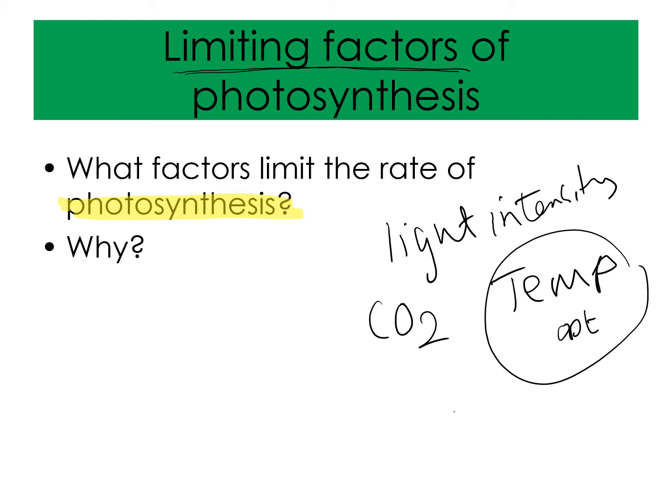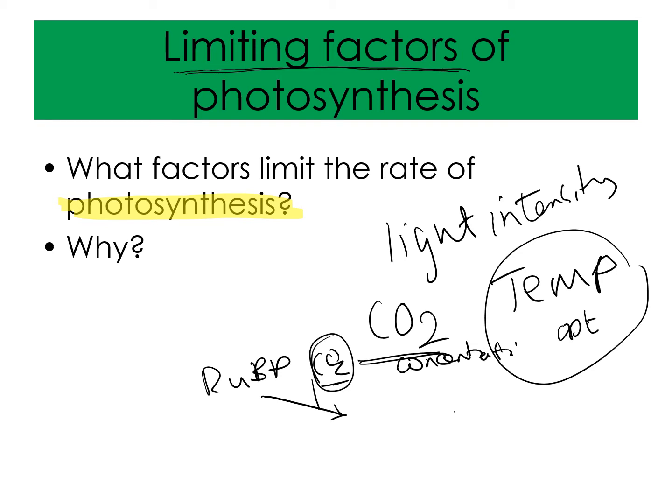Okay, right, so final one then is our substrate here. So again, in our reactions of Calvin cycle, RuBP reacts with carbon dioxide, so it's a substrate. If you've got a limited concentration of carbon dioxide, that would again limit the number of enzyme substrate complexes, because now it's a substrate concentration limiting the rate of reaction.